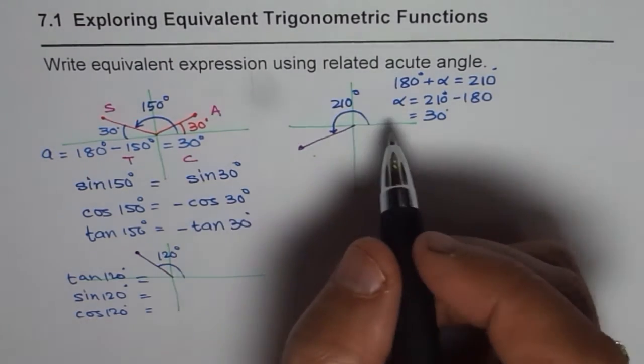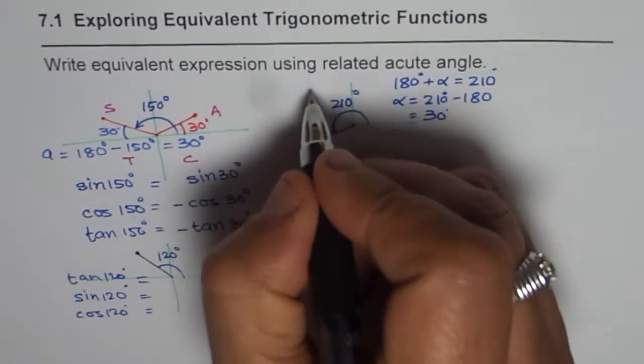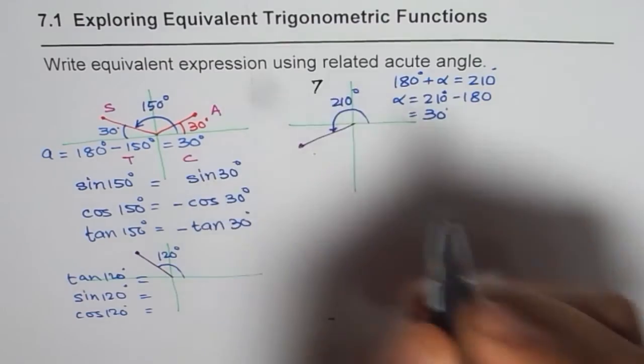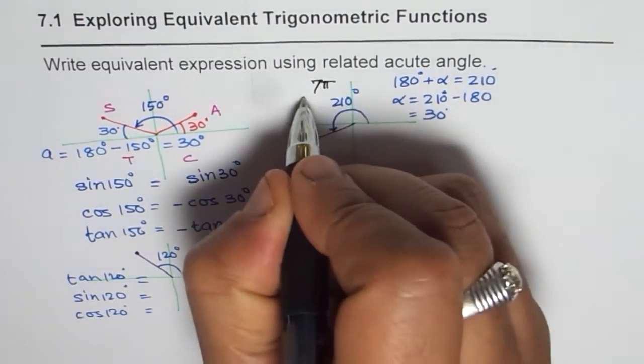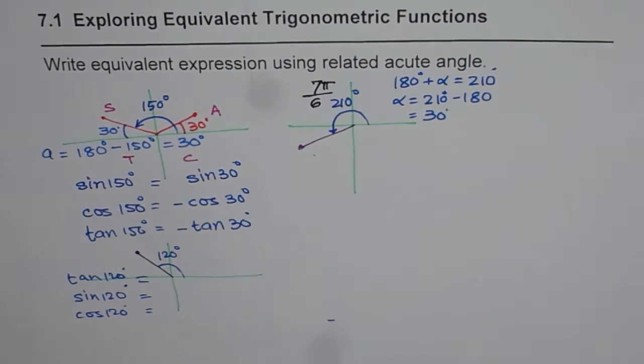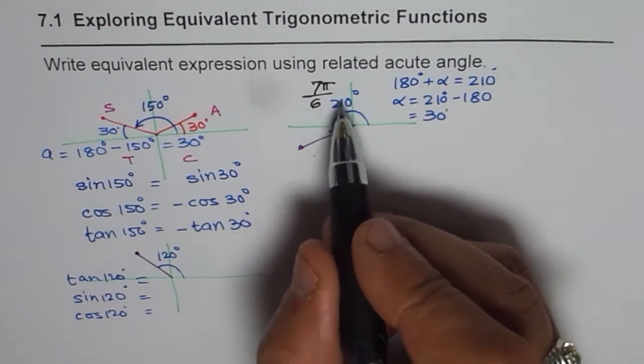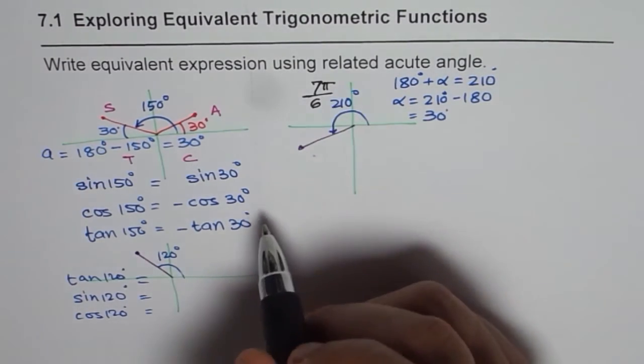Now let us consider this angle in radians and redo the question. Let us say the angle is 7 pi by 6. I've taken an equivalent angle so that I don't have to redraw my drawing. So here the terminal arm is at 7 pi by 6 radians.